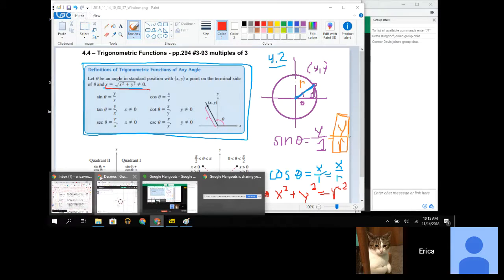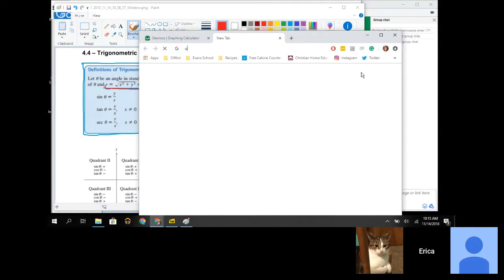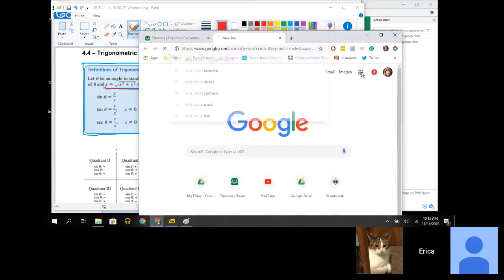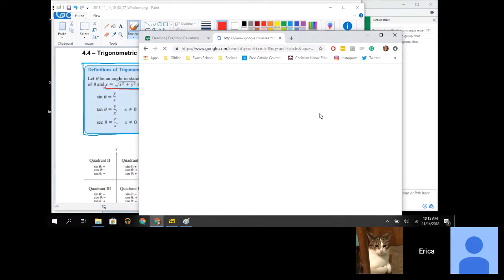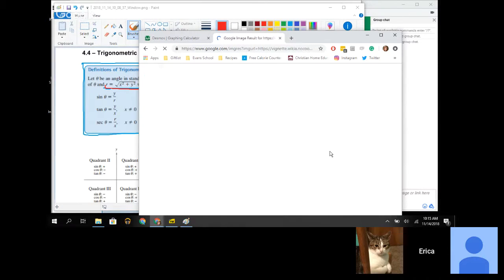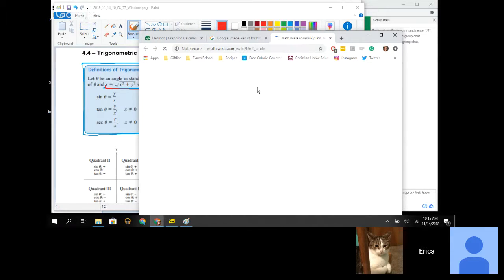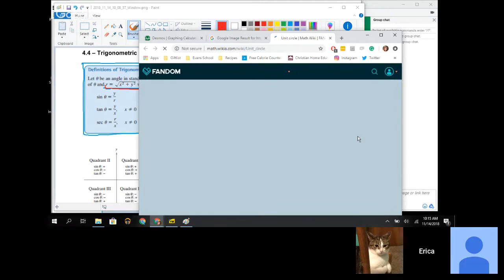Let's pull up a unit circle here. See, the unit circle will be your friend this whole chapter. Any unit circle will do, as long as it's labeled for me. Oh, that one's not very pretty though. Can we make it bigger? Now I'm being picky. Oh, there's a math wiki. How exciting is that?